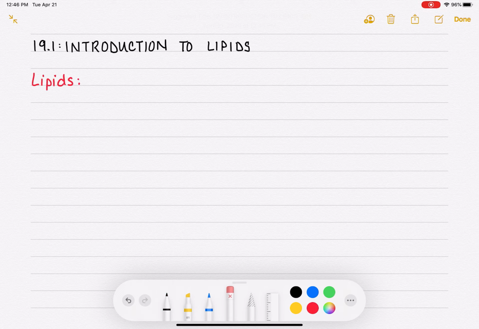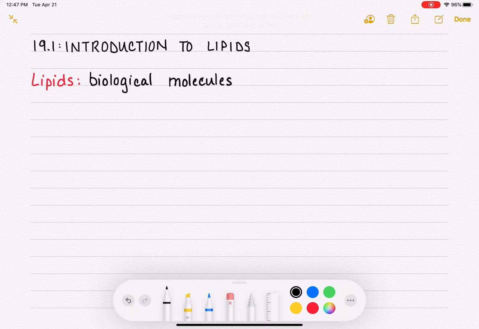This is probably a word that you've heard before, but you might not know exactly what it means. First of all, it's a biological molecule. That means either that it is synthesized inside of a living system, like your body, or it's synthesized in a lab somewhere, but it has a biological purpose. So you can take it as a pharmaceutical and it will cause your body to respond one way or another.